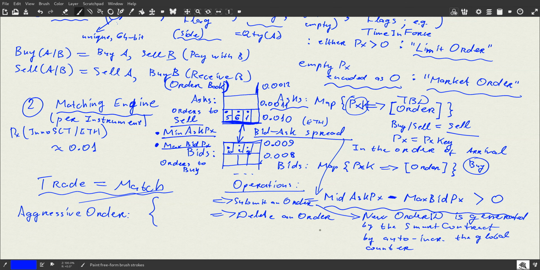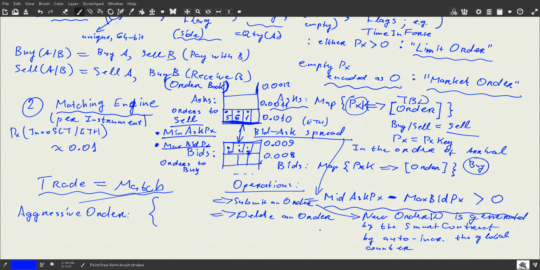You delete an order for many reasons. For example, you do not want to buy our token anymore. Then you placed an order in the order book and you delete it. Or you may delete an order simply to resubmit it. So you would like to change some parameters, for example, to change price, to change quantity, and then you delete the original order and you resubmit it.